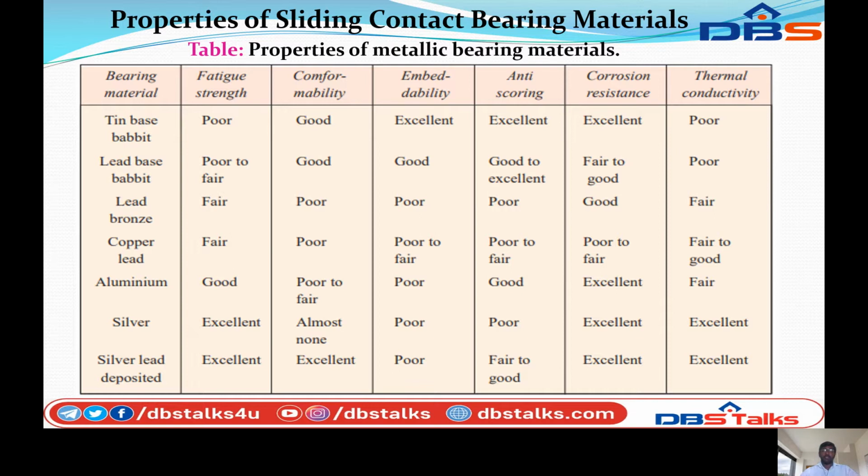So these are the properties of metallic bearing materials. Coming to another material, aluminum. Fatigue strength is good, conformability poor to fair, embeddability is poor, anti-scoring is good, corrosion resistance excellent, thermal conductivity is fair.